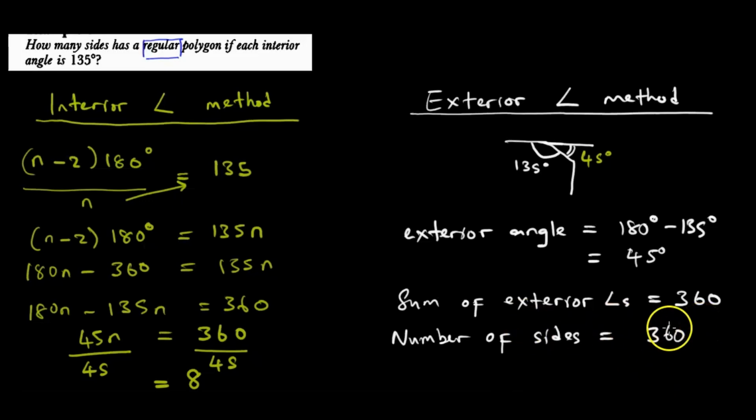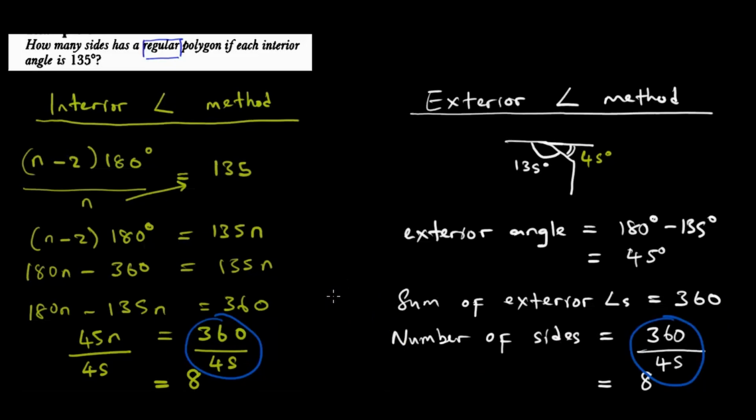Because it's a regular shape, divide by one exterior angle. The answer we get here should be the number of sides, which is 8. And you can see it by yourself that eventually here we have 360 divided by 45, which is the same as what we did here. So we get the same answer.